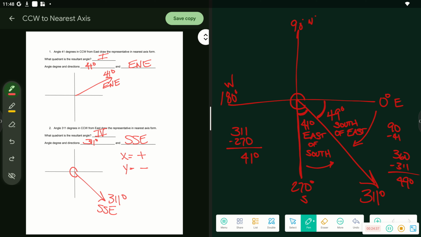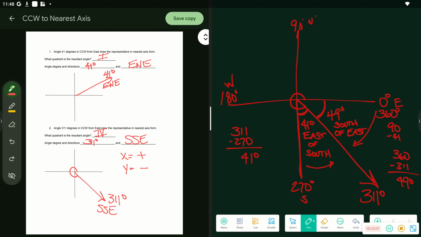So when I ask on a question, describe the angle in the quadrant, this is how you would answer. You can either do 90 minus 41, because you know every quadrant's 90, or you can do 360, because not only is this 0, but it's also 360 degrees.